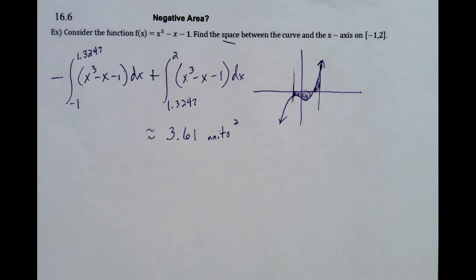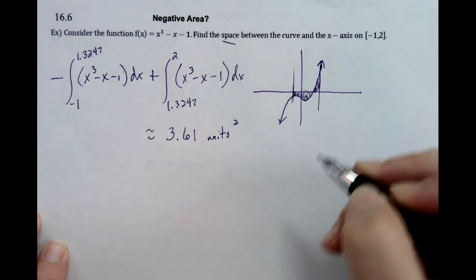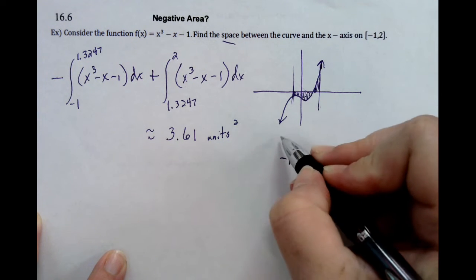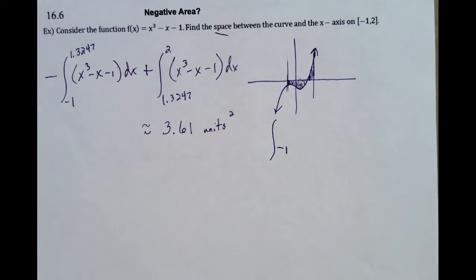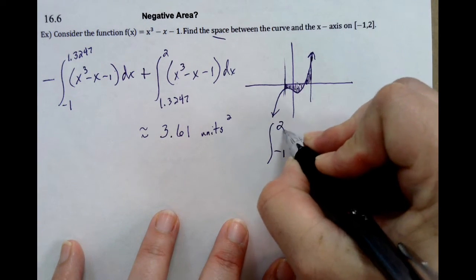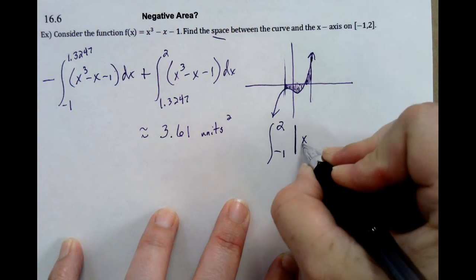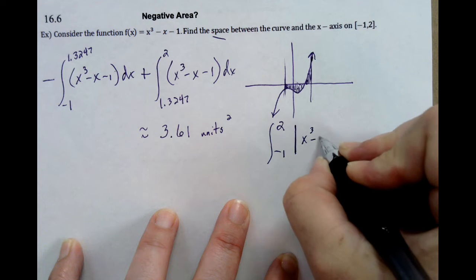Right, the second one would be, because I rounded when I divided it up into two integrals. So the answer is yes, I could have done from -1 to 2 of the absolute value of x cubed minus x minus 1.